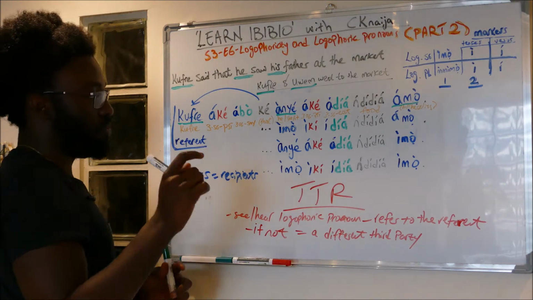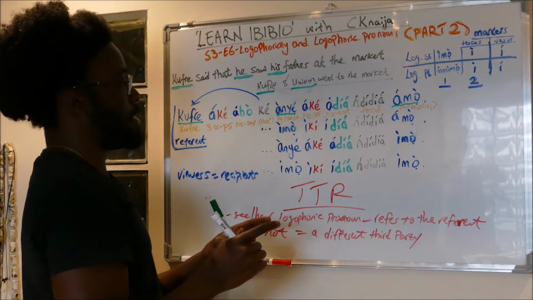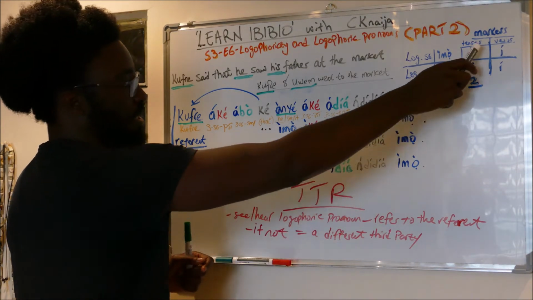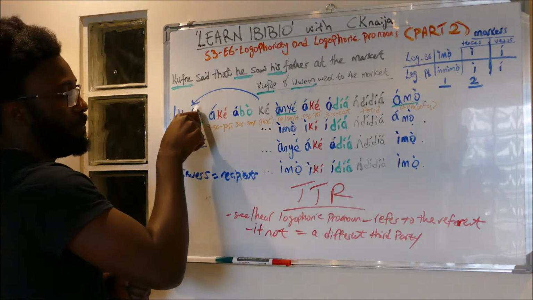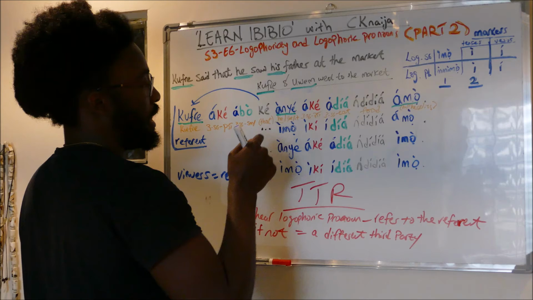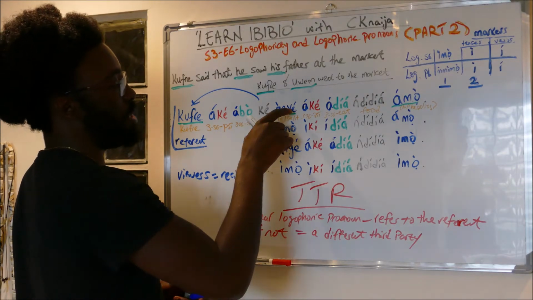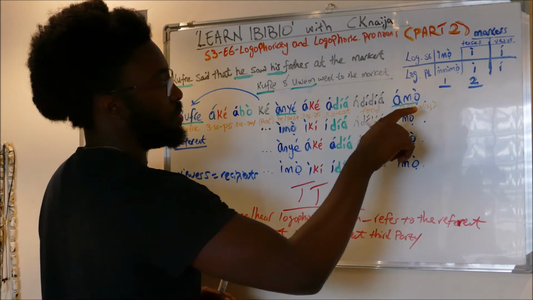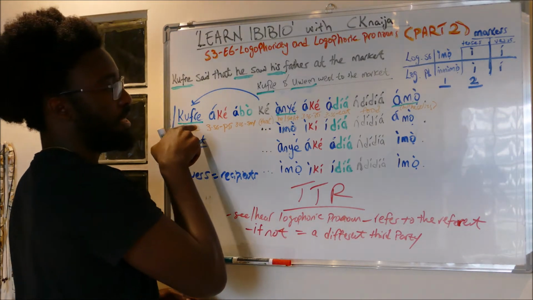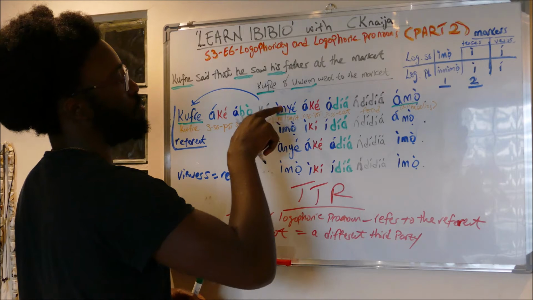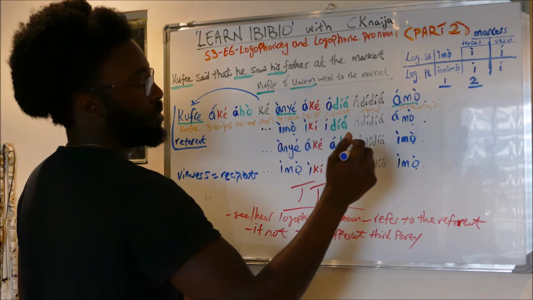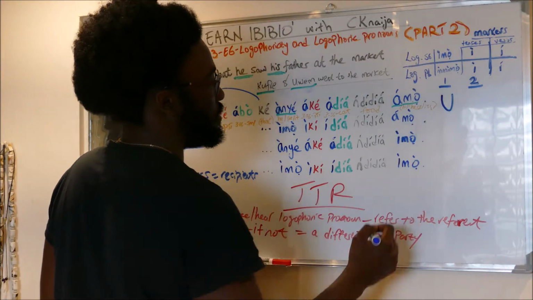Okay, so the rule is, once you encounter a logophoric pronoun or its markers, you refer back to the referent. Okay, so anye akedia, there is no logophoricity, so we know that this he is not referring to the referent. It is in fact referring to Uwem. Okay, so the third person in the story. So this is referring to Uwem.